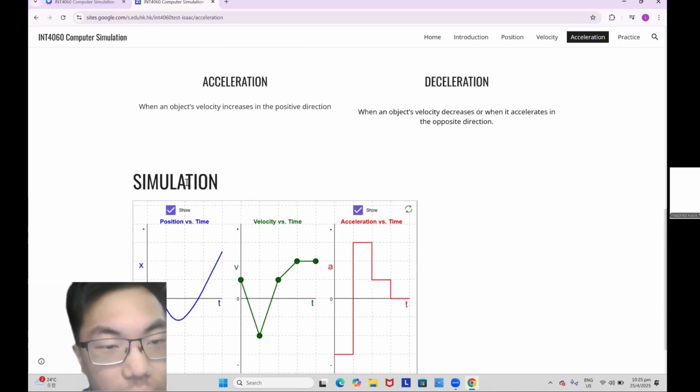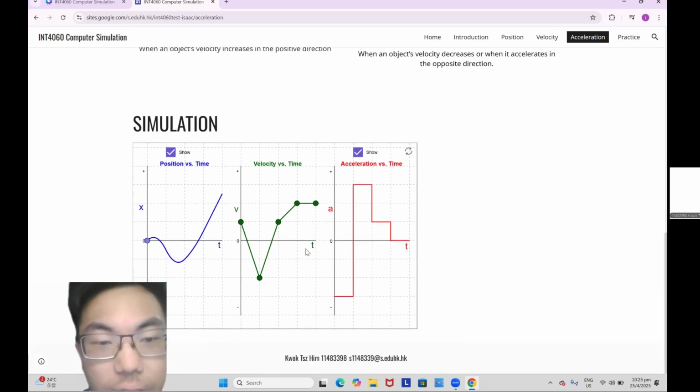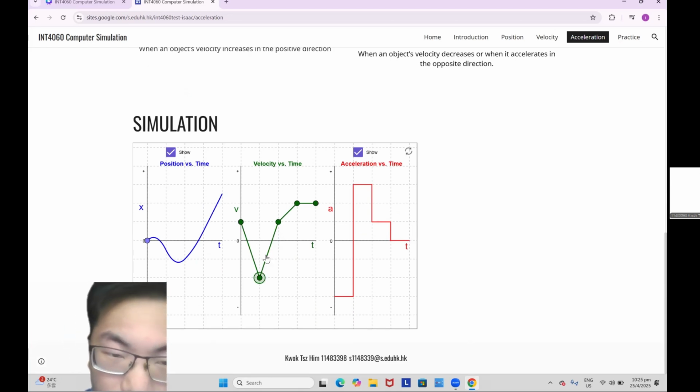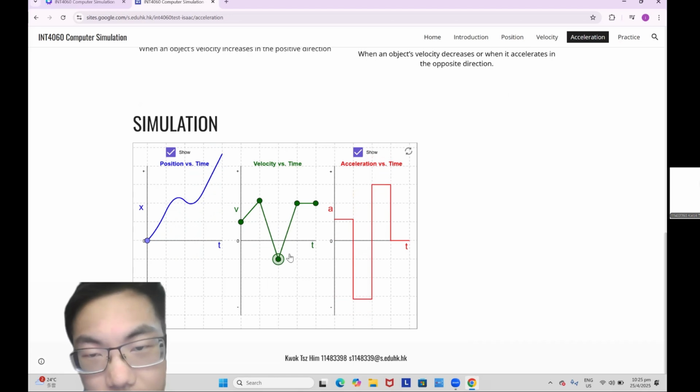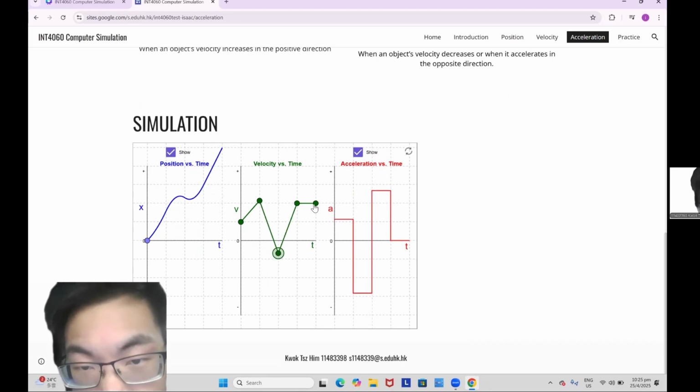And the final simulation is moving the dog and seeing the vector, the speed, velocity, and changing to see the position and the acceleration, and how this goes on.